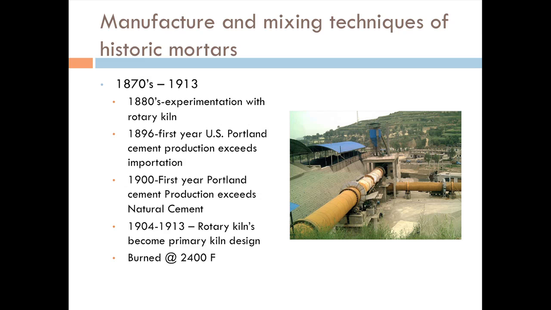Around 1904 to 1950, the rotary kiln becomes perfected in its design. Now Portland cement could start building all these superstructures, early skyscrapers, because it sets harder and faster than any other material. And in a mortar, it acts as a cushion between these masonry units, between these bricks and stones.